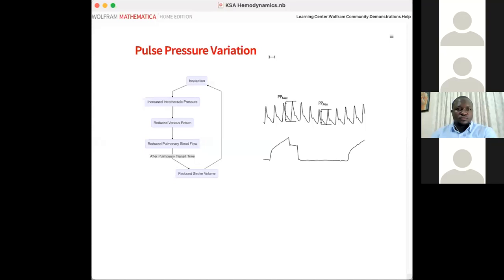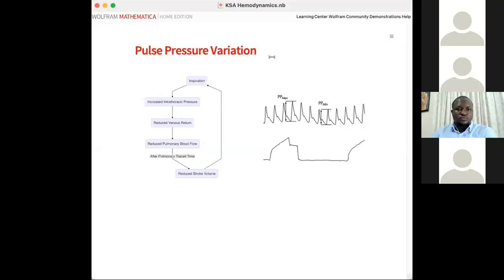You can also look at it as a dynamic variable. A dynamic variable is based on what you call cardiopulmonary interactions. This comes from the premise that the heart and the lung are very closely juxtaposed, anatomically and even functionally.